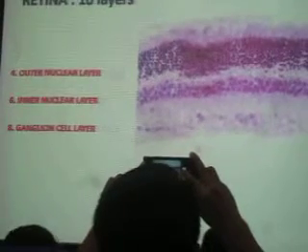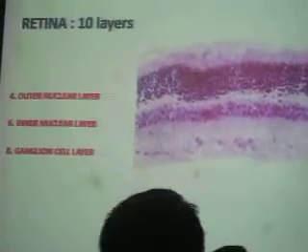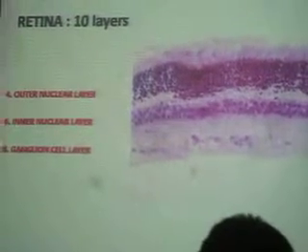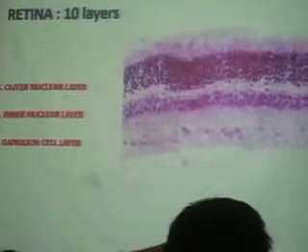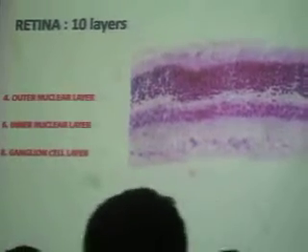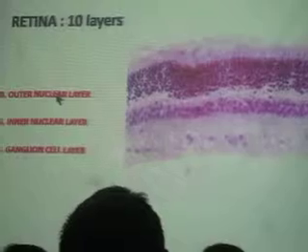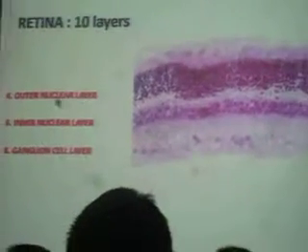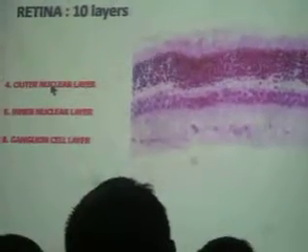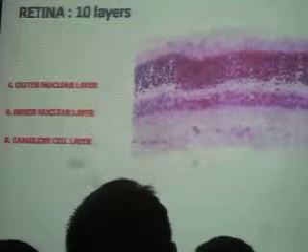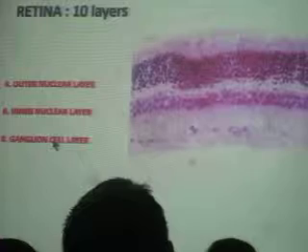You have the outer nuclear layer, the inner nuclear layer, and the layer of your ganglion cells. 4, 6, 8. Can you remember that? In these layers you have the cell bodies of your rods and cones, the cell bodies of mainly your bipolar cells, and the cell bodies of your ganglion cells.